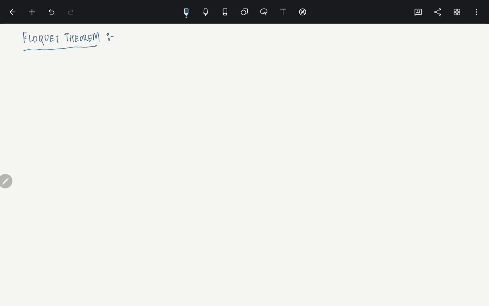Okay, so let us consider again, let A of t and B of t be continuous and W periodic in R. Is this okay? Then the following holds.